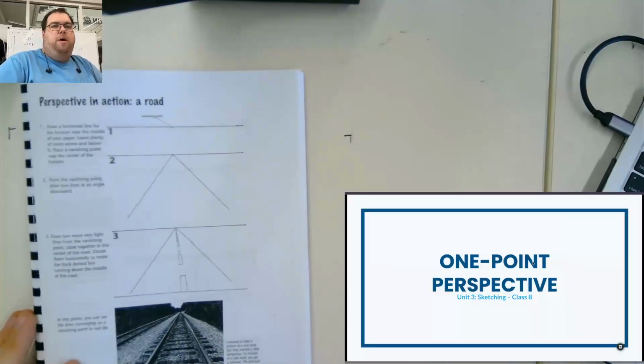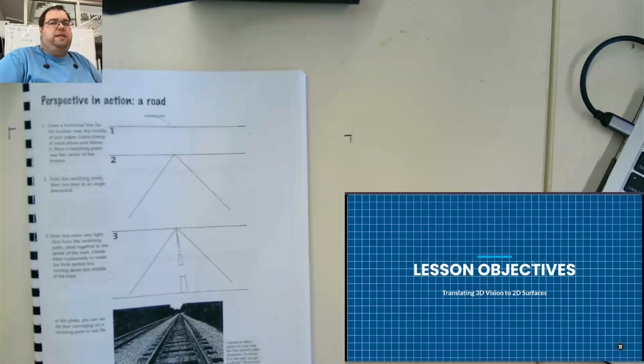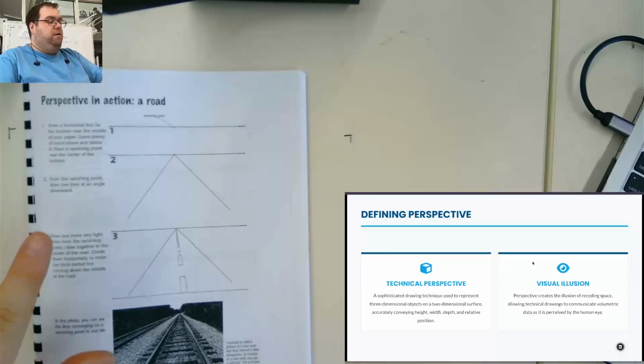All right, so a 1-point perspective. What is it? It's essentially translating our 3D vision into a 2D surface in a way that looks natural. So we have a technical perspective, basically a sophisticated drawing technique used to represent 3-dimensional objects on 2-dimensional surfaces that accurately convey the height, the width, and the depth of the object, and the relative position of it with other things.